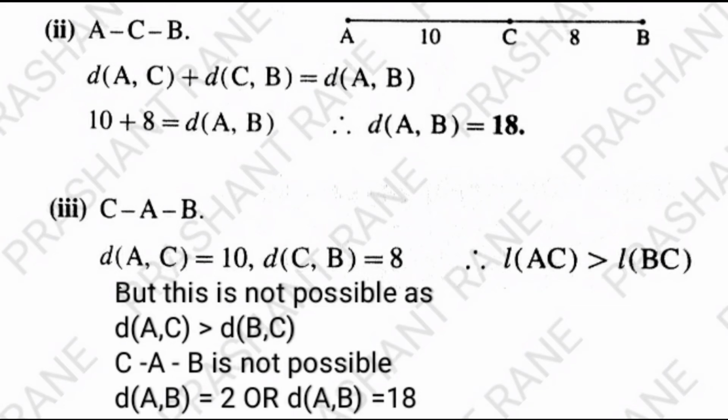This is not possible, as distance BC should be the largest distance. Therefore, C-A-B is not possible. So the possible values of distance AB are 2 or 18 units.